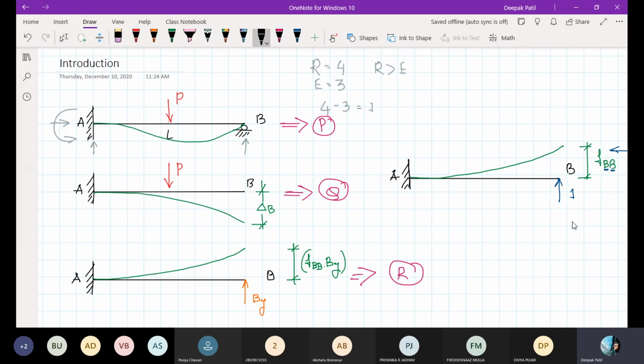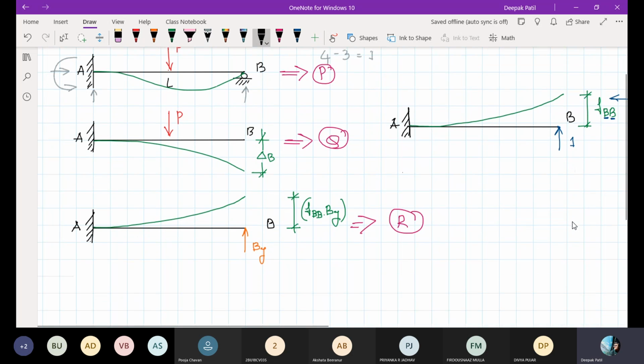Now if I see at point B in structures P, Q and R, can I write this equation? I can write it like this: P is equal to Q plus R. So in structure P at B, what is the deflection?